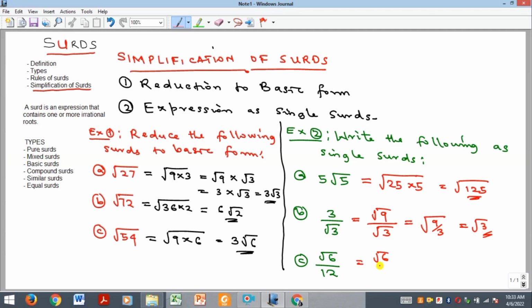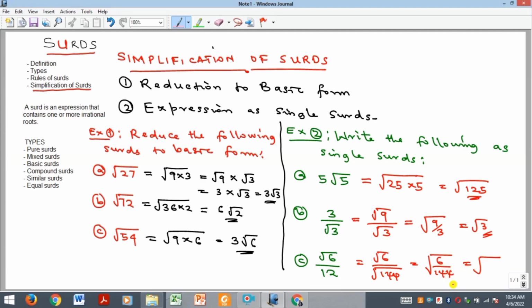And then you will do the same for this. This is root 6 all over 12. For you to have 12, it means the square root was taken, and that's the square root of 144. And that's going to give us, we take one root now, 6 all over 144. And you try to reduce it to the lowest term. And when you do that, if 2 divides 6, you get 3.